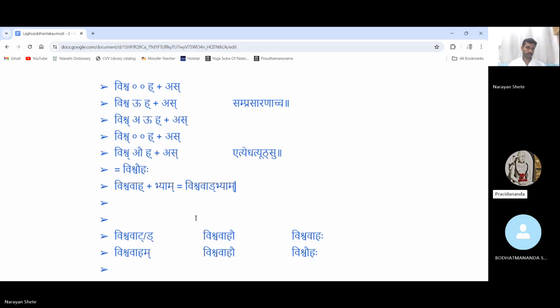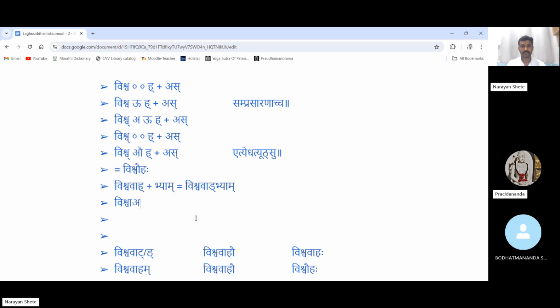Hodah followed by jhalam jashonte. Vishwavadbhyah. By hodah and jhalam jashonte. Correct. So hakara will turn into dakara by hodah, and dakara will turn into dakara by jhalam jashonte.